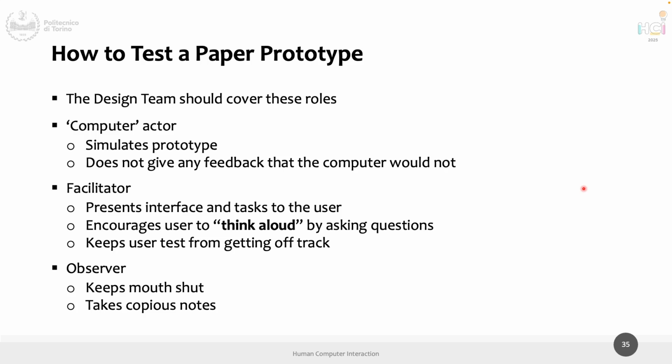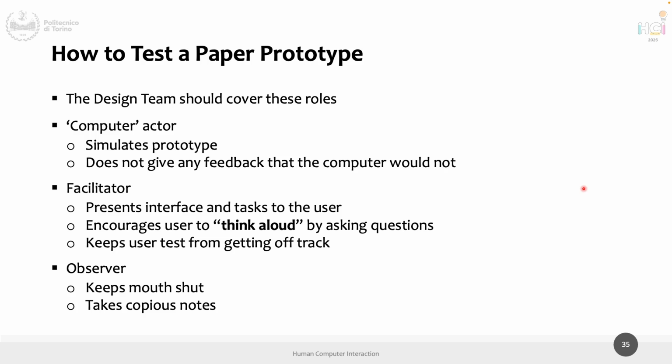You have a person that does the work on the paper interface like the one in the video. So they give a new piece of paper, remove the old piece of paper, etc. They just simulate the prototype and do not give any feedback that a normal computer would not give. So if the computer just gives an error, just present the error on screen and stay silent, because the computer will not try to explain what you want to do.